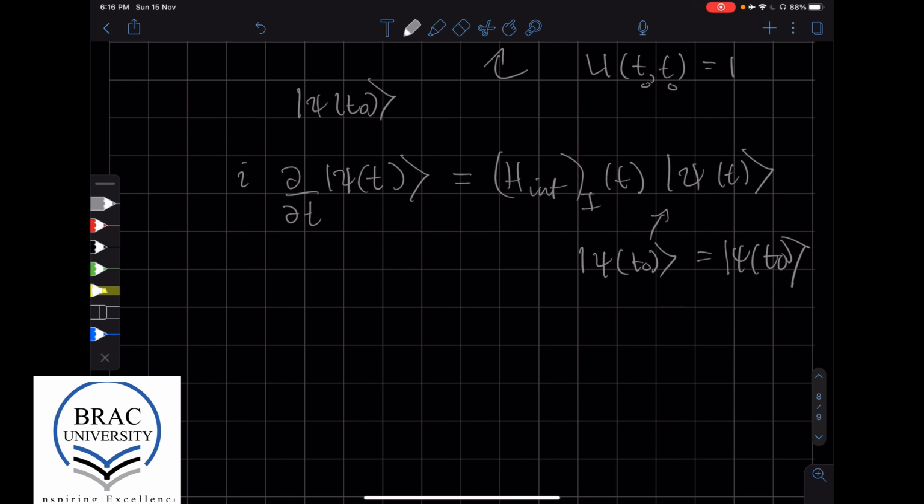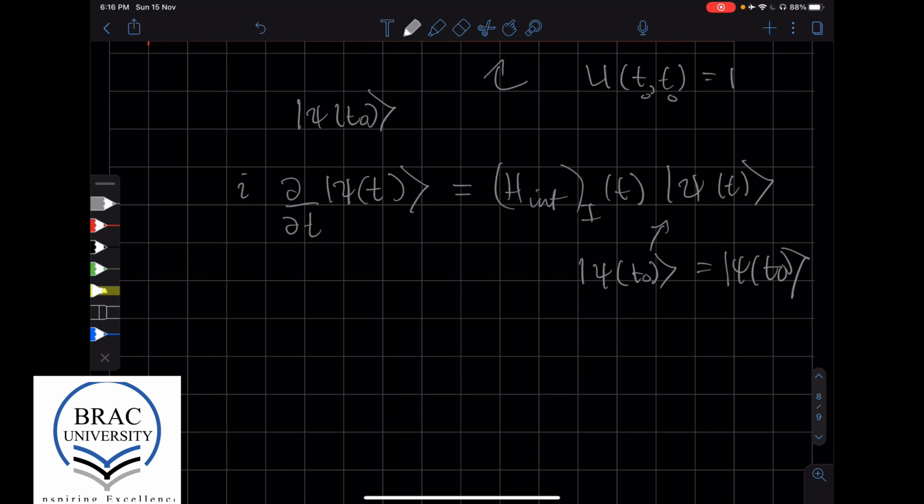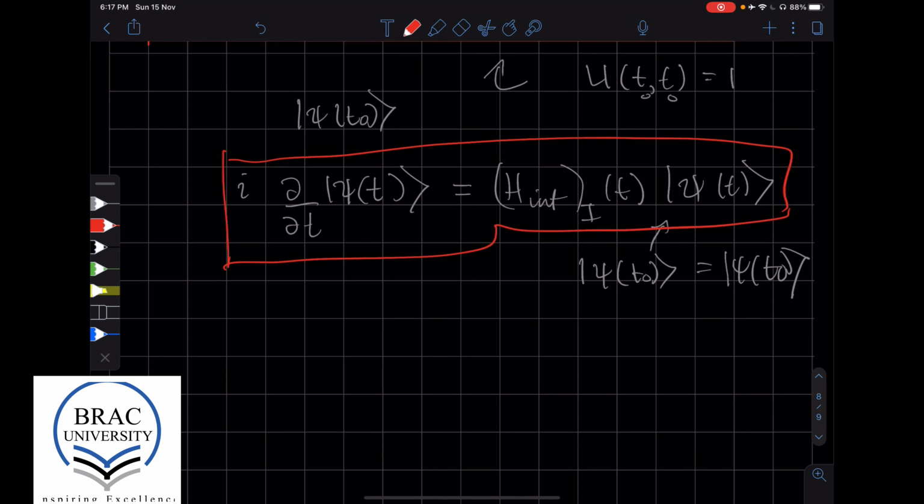So what we found is a Schrodinger-like equation for the state. This is not exactly the Schrodinger equation, because the Schrodinger equation has the total Hamiltonian, but here we have the interaction Hamiltonian in the interaction picture.